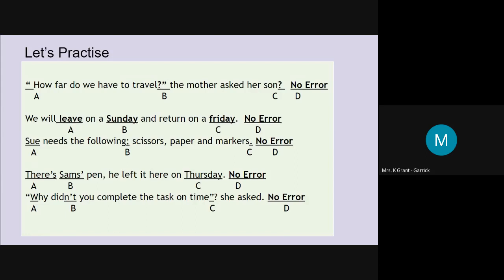The first one seems to be a contraction, that's A. The second one seems to show ownership, that's B. And of course, C there has to do with capitalization. There's an error in the sentence. Which one do you think it is? There's Sam's pen. He left it here on Thursday. Which one do you say is the error here in the fourth item?